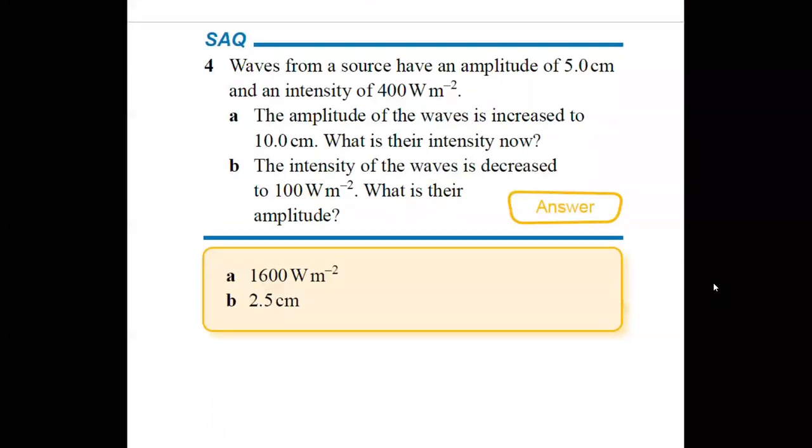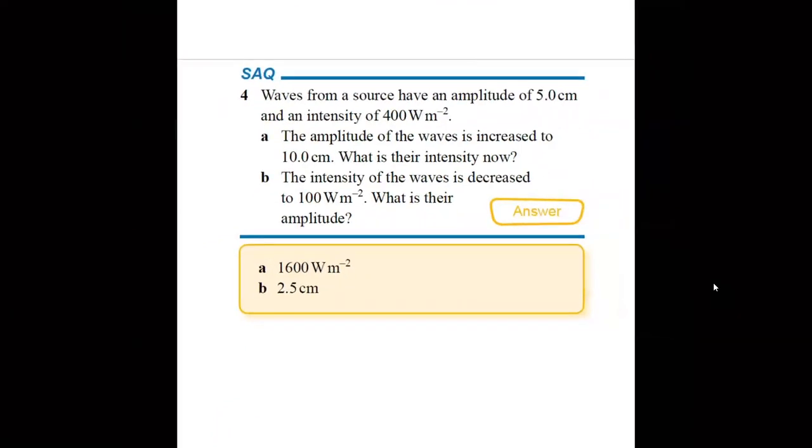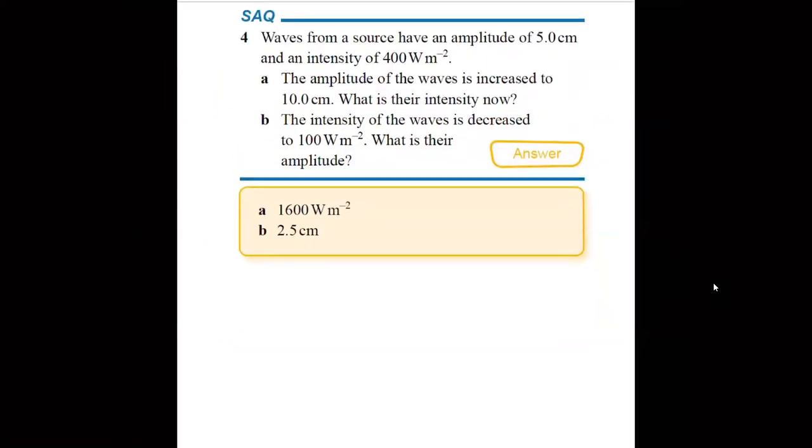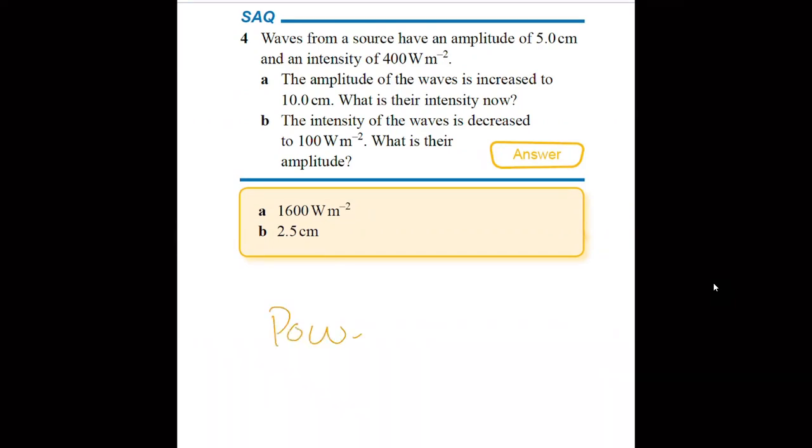Waves from a source have an amplitude of... yellow, talk to me. I want to ask, but then what is intensity? Intensity is on page 290, whatever it is in your textbook at the beginning of the chapter. It's basically the power over the cross-sectional area, in other words, how much energy. So if you take power divided by area, you can think of power as joules per second over area in meters squared.